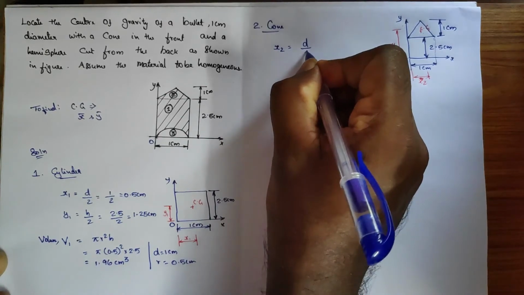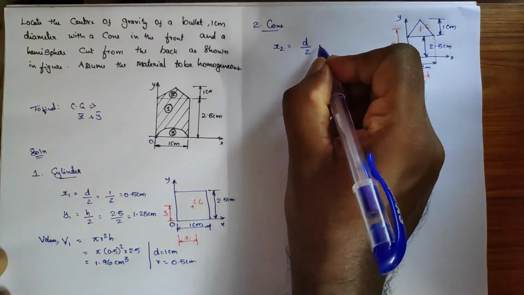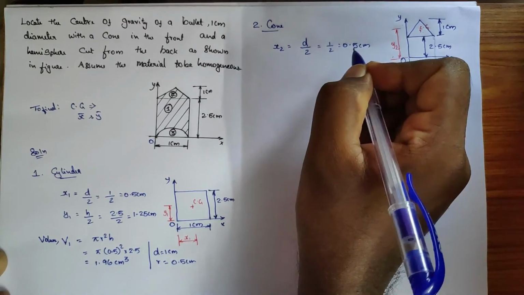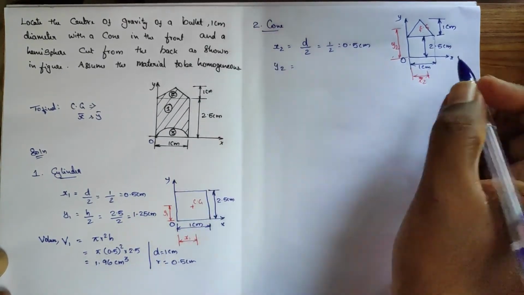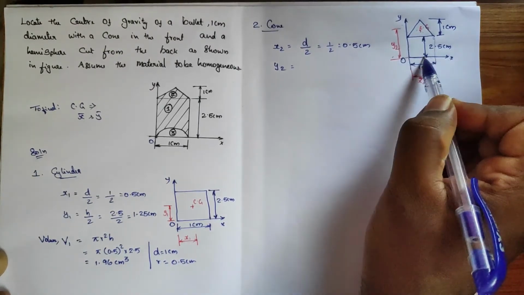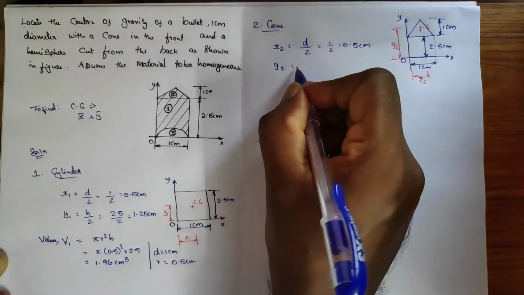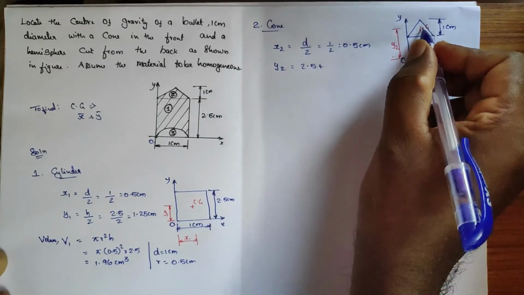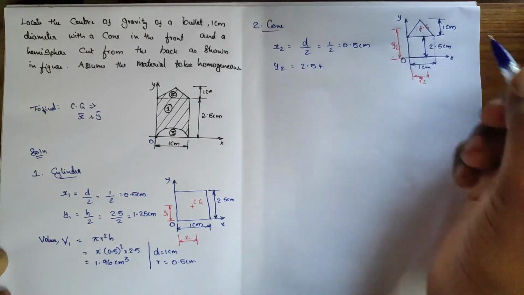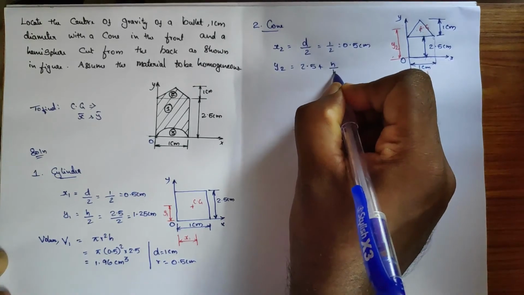In the base it is d, so d divided by 2, where the diameter is 1 centimeter, so 1 divided by 2 gives again 0.5 centimeter. y2 is taken from OX to this CG. Up to this component the gap is 2.5, so add 2.5 plus the cone self CG, which is given in your formula as h divided by 4.